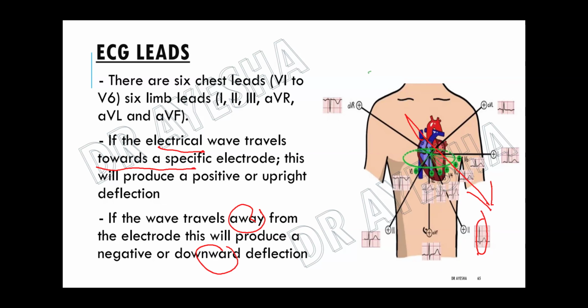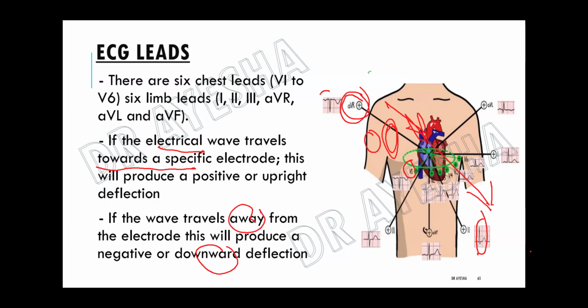Those leads which are placed over here on the right side, like AVR, which is present on your right side, and V1, which is present on the right side of the sternum, in these two leads the direction of the current is away, because these leads are over here and the current is moving away from them.